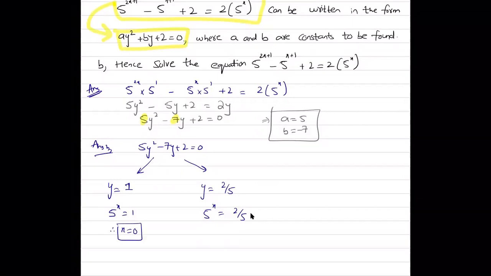And for the second part, you can take lg to the base 10 on both sides or ln on both sides. That's up to you. So x is going to be lg 2 upon 5 divided by lg 5. What is this value coming out?